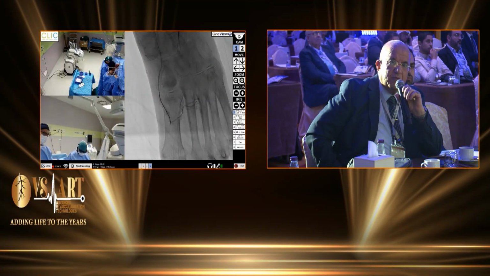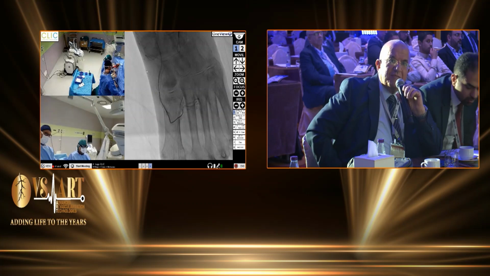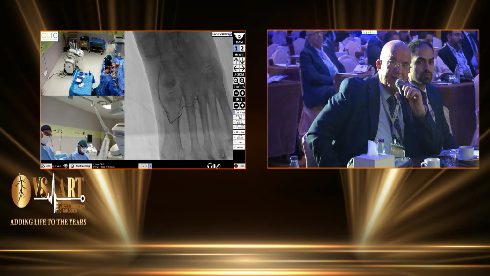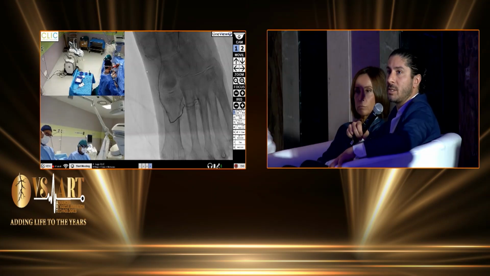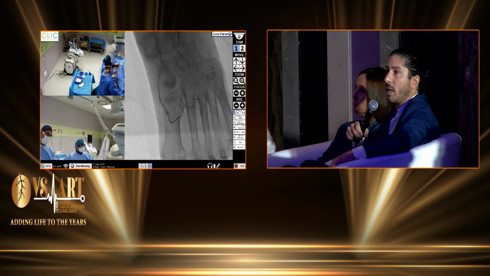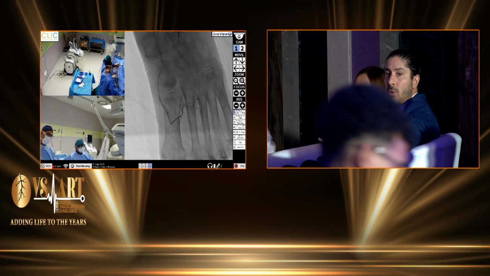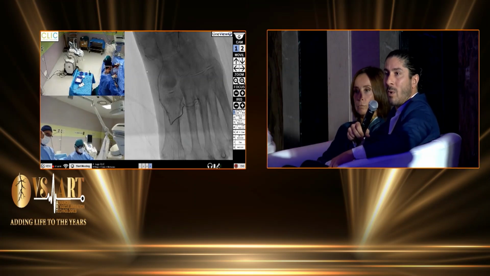Okay, in your procedure, are you creating the arch of the foot, or is it enough to revascularize with a single vessel in the plantar arch? No, it depends. The target for revascularization depends on the baseline clinical condition. For example, a patient with an ulcer in one toe, usually one artery is enough.